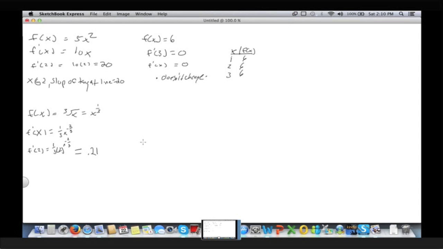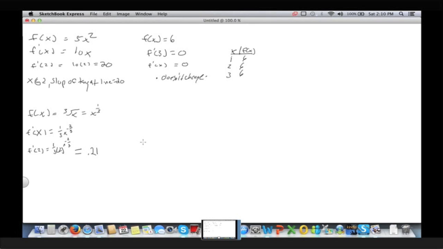Okay, excellent. Good. How would you interpret that answer? As x increases from 2 to 3, or just 1 unit, the function increases by 0.21. Good. That's a good interpretation.